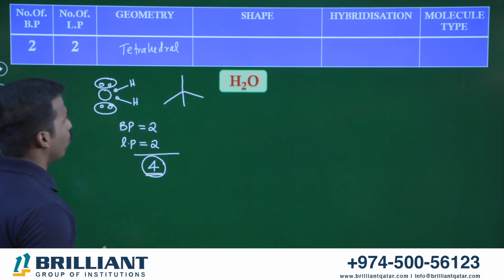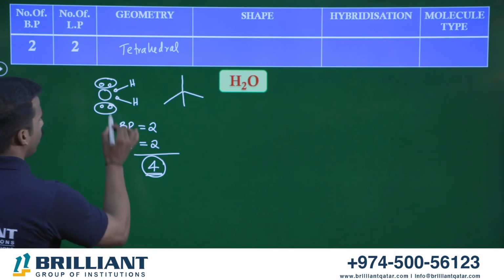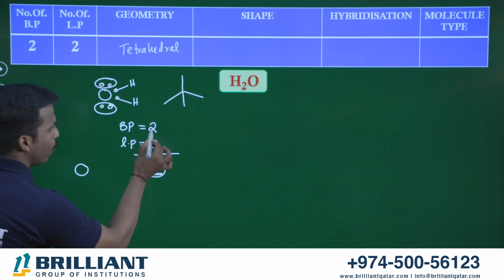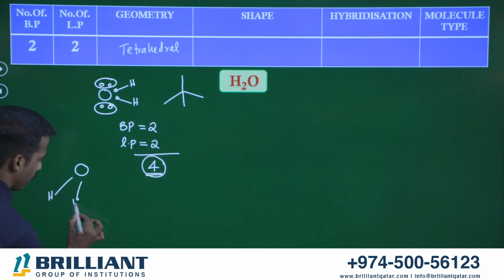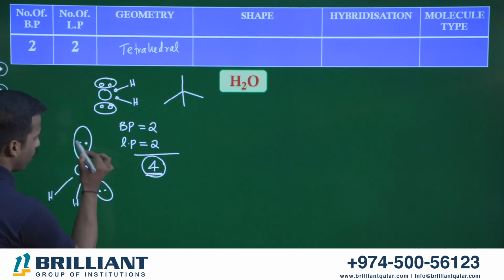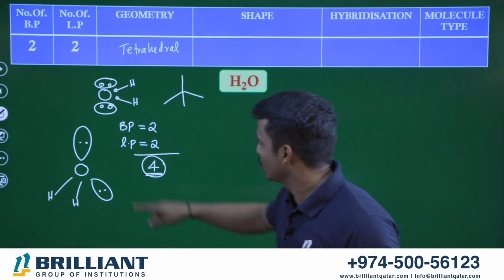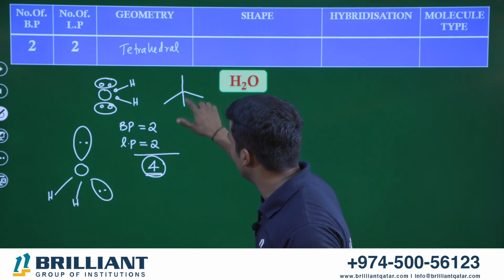Let's see whether water can exist in tetrahedral geometry or not. Which is the central atom? Oxygen is the central atom. 2 bond pairs, 2 lone pairs, right? Let me draw the 2 bond pairs like this, 1 lone pair here, 1 lone pair here. Please observe. Is it looking like a tetrahedral geometry? Yes or no? See, this is the shape of tetrahedral: 1st bond, 2nd bond, 3rd bond, 4th bond.